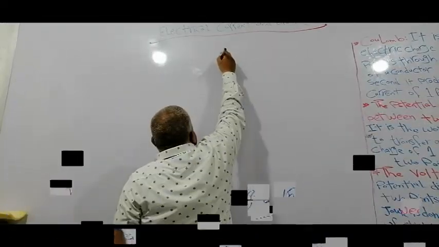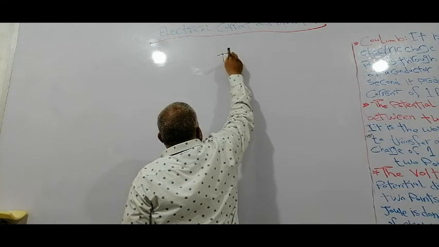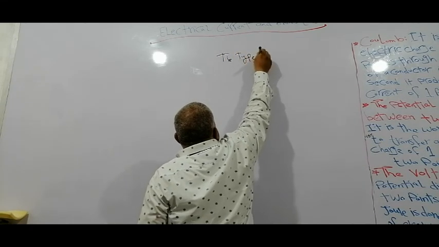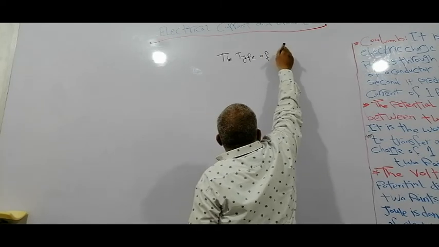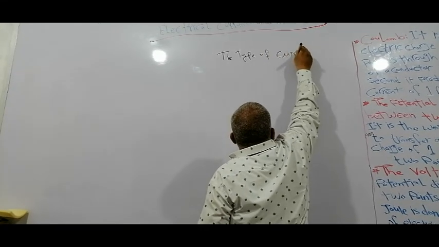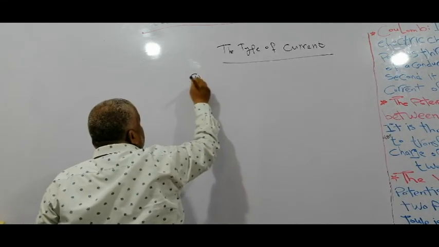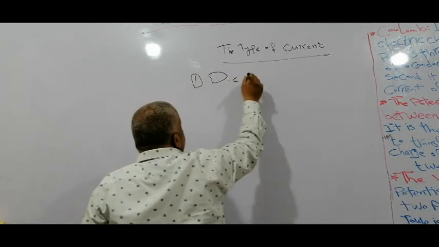The types of current. The first, direct current.